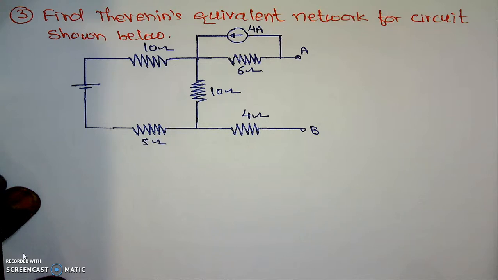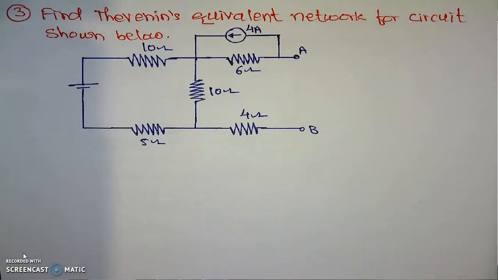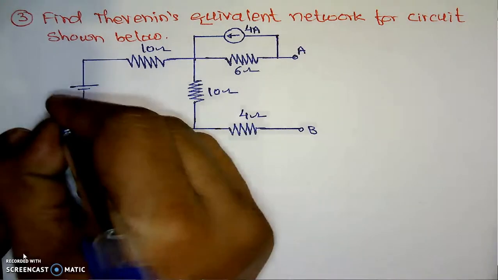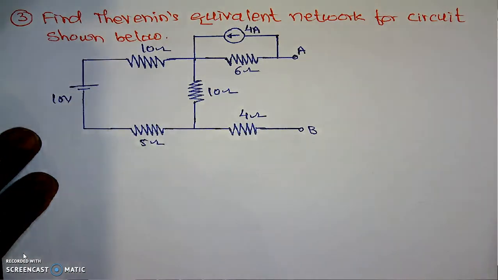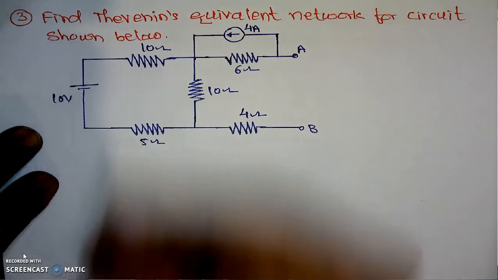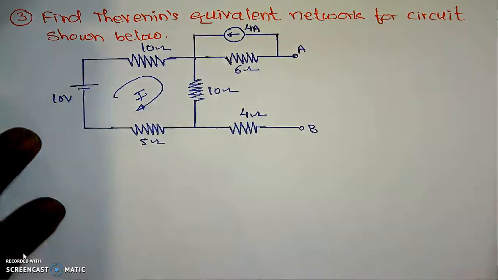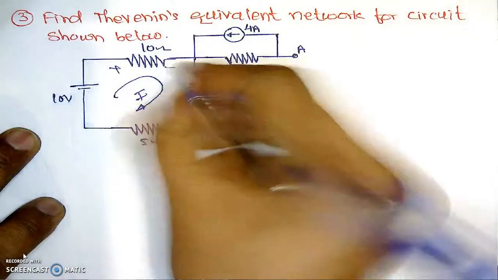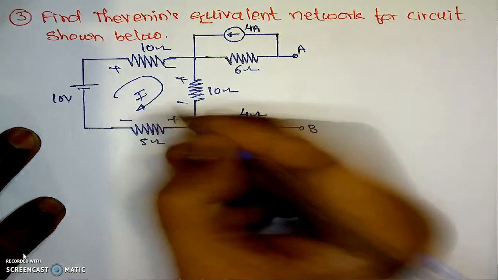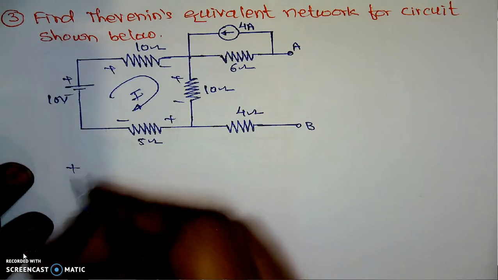Now here, load resistance is already removed and the figure is given to us. Here this voltage is 10 volt, and we are planning to calculate its equivalent network. The procedure is the same. First calculate the current in this loop, which is I. Here if we apply the KVL, it is plus 10.